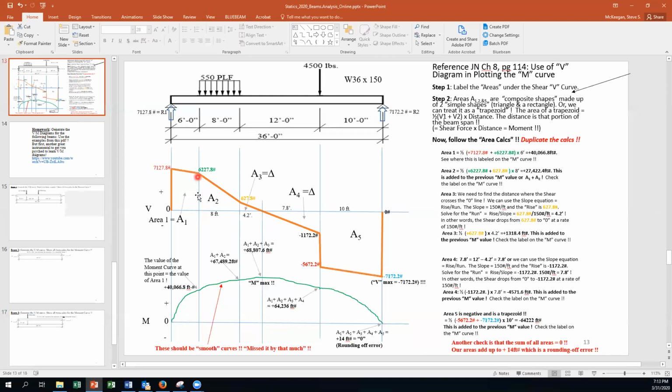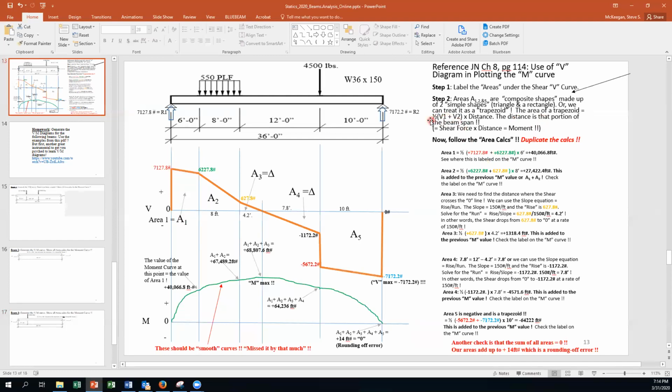So, real quick, this area is a composite shape. I'm on slide 13. And what I mean by composite, it's made up of 2 simple shapes. A rectangle, but we can actually calculate it using the formula for the area of a trapezoid, which is really the average of the two shears, right?